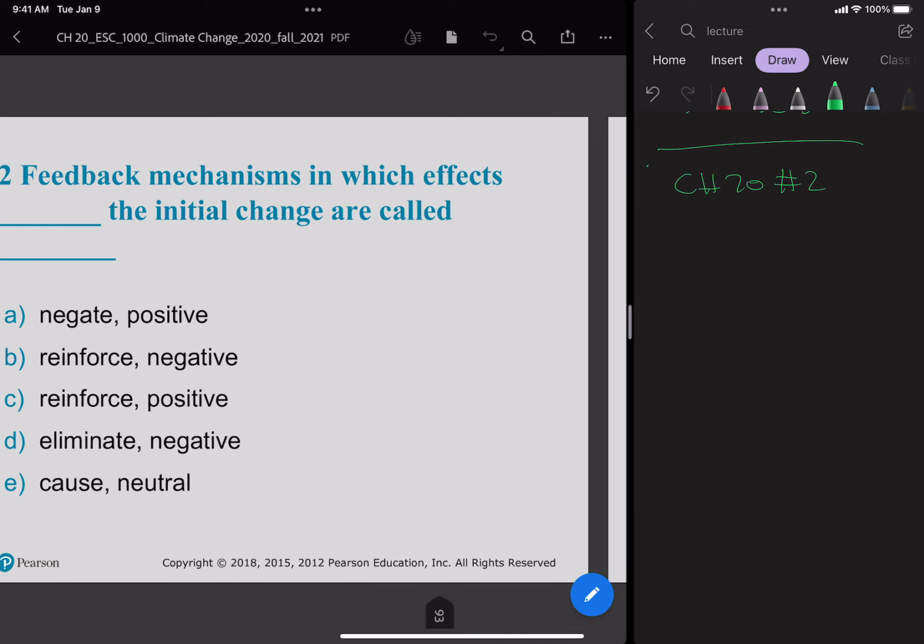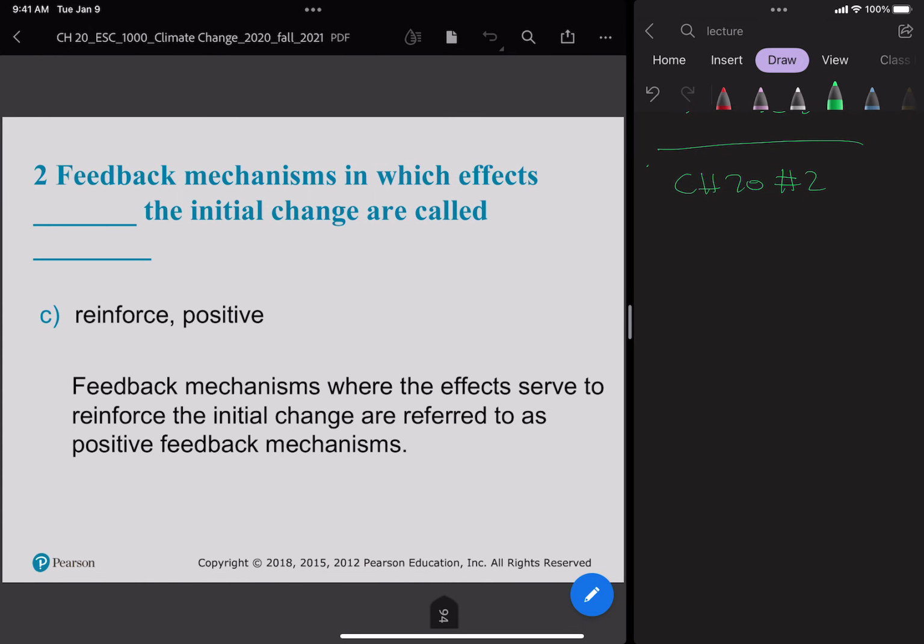The one that makes sense is a positive feedback loop reinforces the initial change. So that is C.